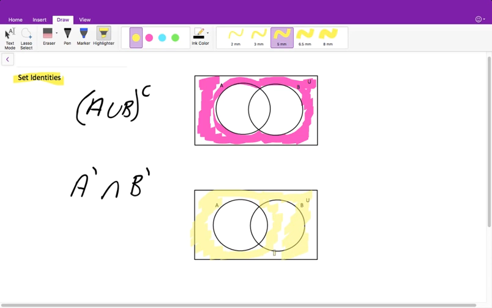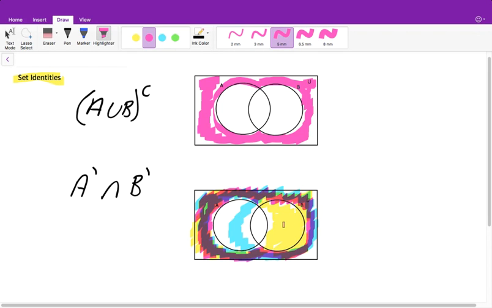It's everything outside that set A. If we do B complement, that would be everything outside of this set B. Since we're looking for A complement and B complement, we're looking for where they intersect, where they share. We would then include everything, let me do it in purple, everything outside of both of these circles A and B, because here, this yellow inside our set B, it's not included with the blue. Here there's no blue, here there's no yellow. So the only parts that have both are everything on the outside here.